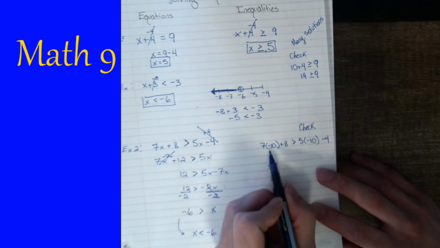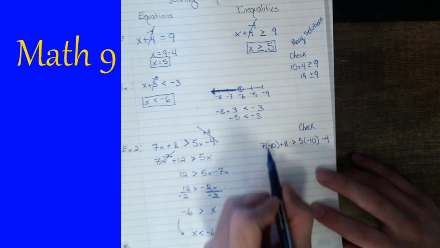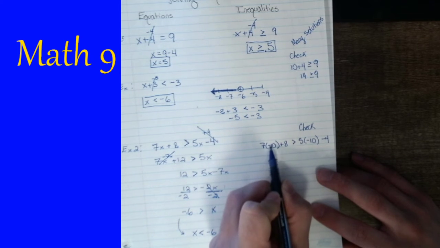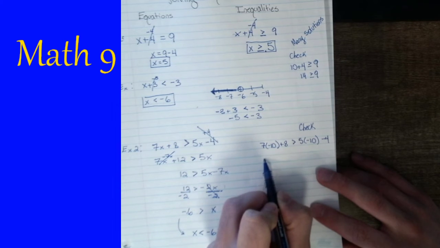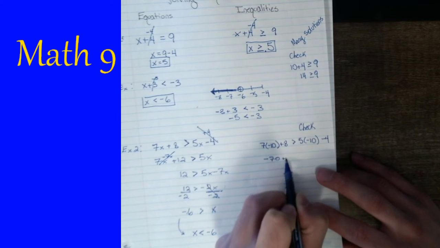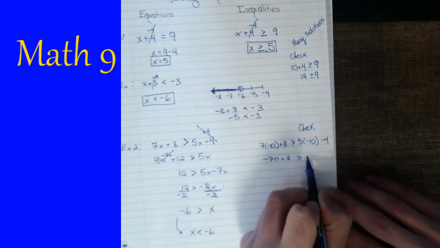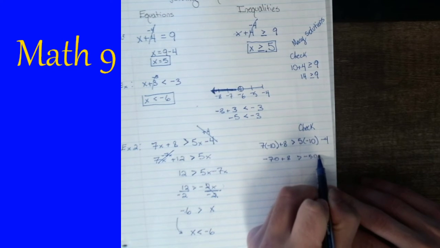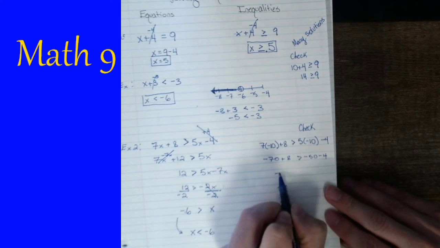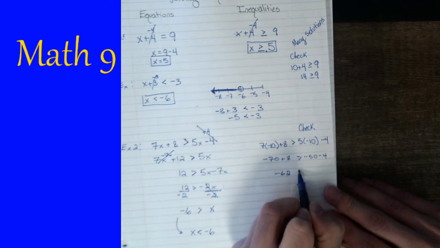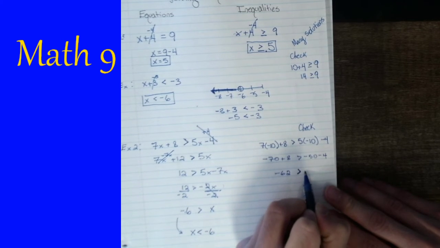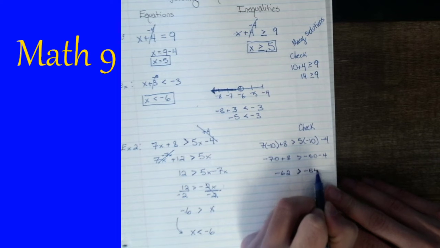So let's expand everything out here. This would be negative 70 plus 8, which has to be greater than negative 50 subtract 4. So here I have negative 62 has to be greater than negative 54.